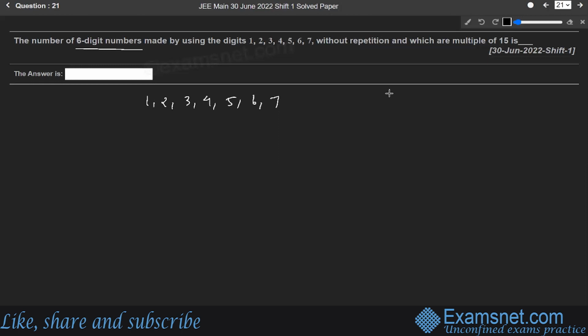So first of all, we know that a number is a multiple of 15 when the number is divisible by 5 and when the sum of the digits of the number is divisible by 3.